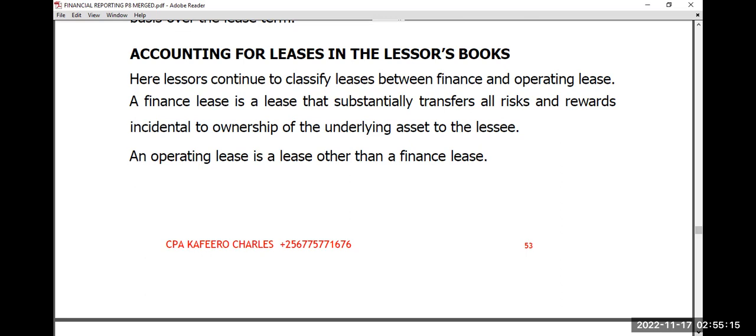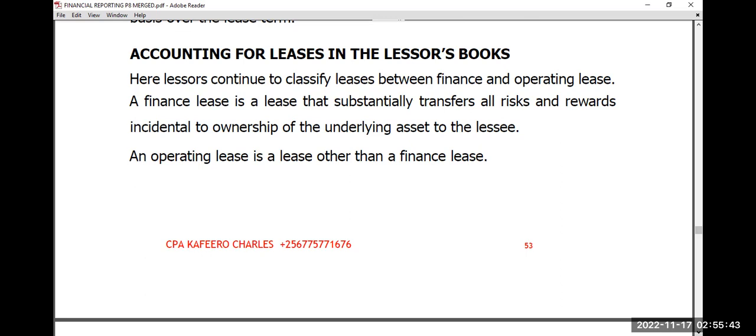If the person is leasing these items for more years, more or less taking all the useful life of the asset, you may find that the person may actually buy the asset at the end of the lease term.